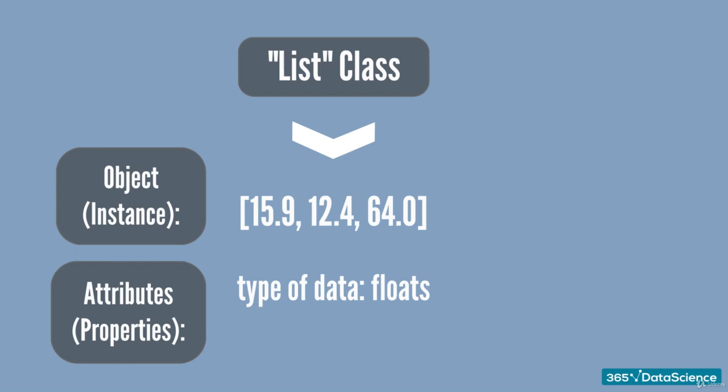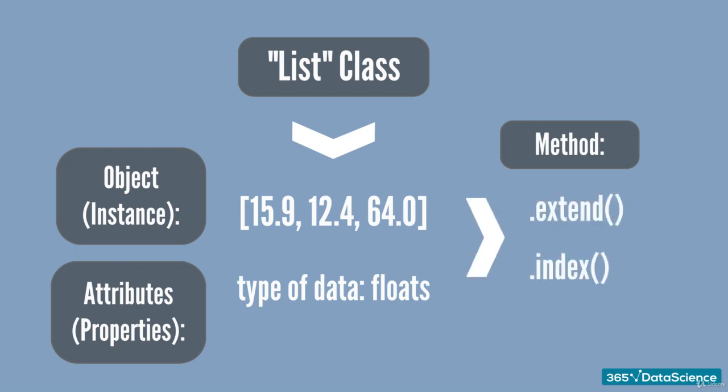Technically, a list can contain various types of data, such as integers and strings. So, it is important to define the type of data used here. These are floats. A method we could apply to this object is extend or index, as we saw earlier in the sequences section. And please pay attention. These operations can be performed only after we have created the object.